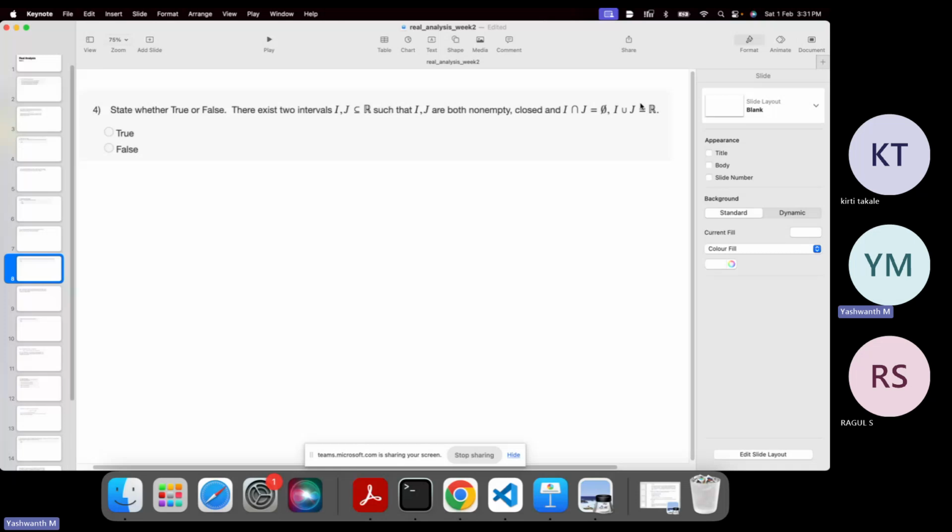So one more thing I again forgot to mention between the open set and closed set thing is, if A is open, A complement is closed. So using that, we can solve this.